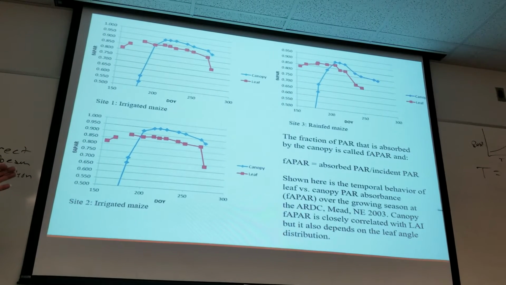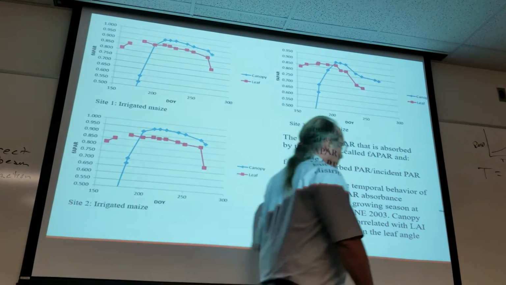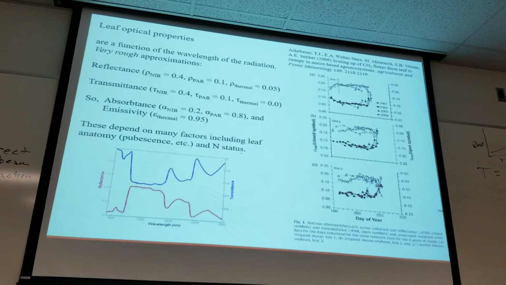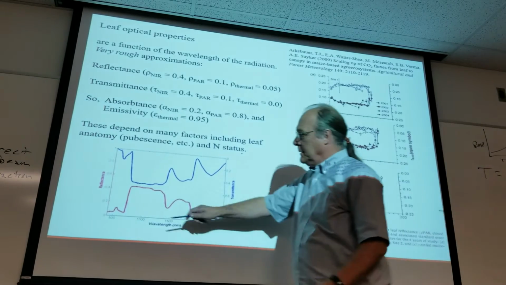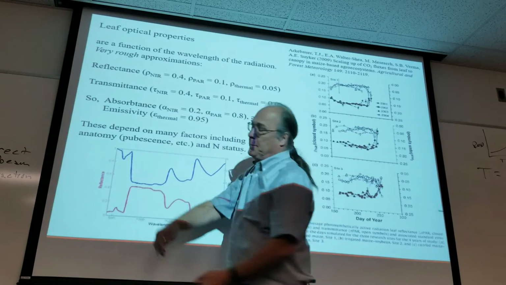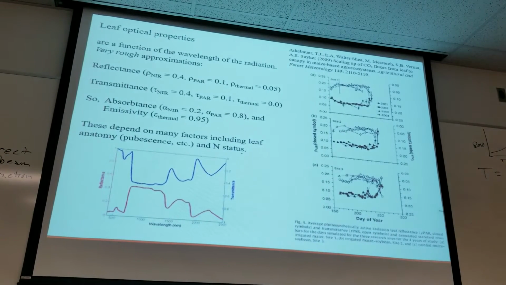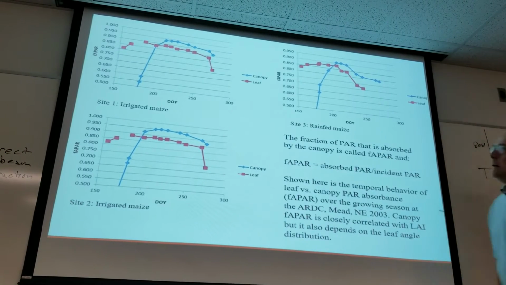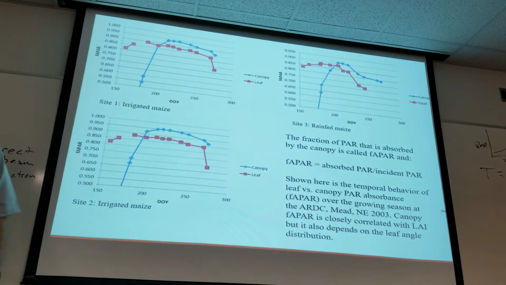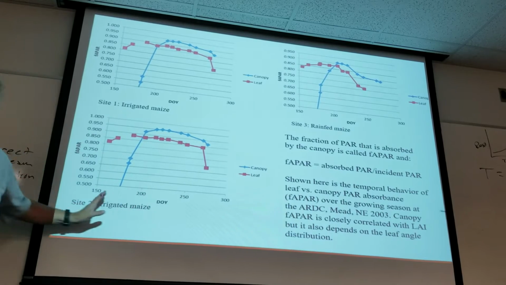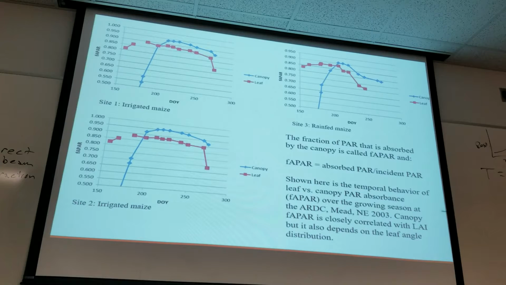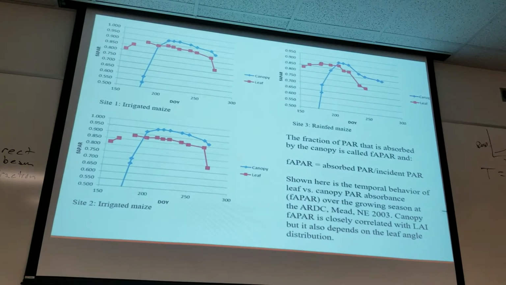And in this case, the fraction of PAR that's absorbed by the canopy is called F. So here's the PAR that's absorbed by the leaf, this big part of the spectrum. But when you go to a whole canopy, that's shown in blue. This is the PAR that's absorbed by a canopy over the course of a growing season. And here's maize, and some more maize.